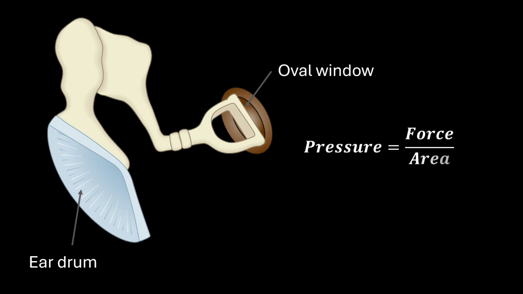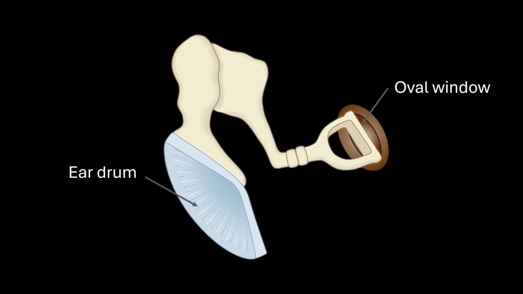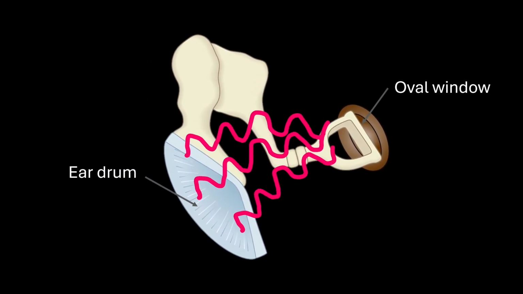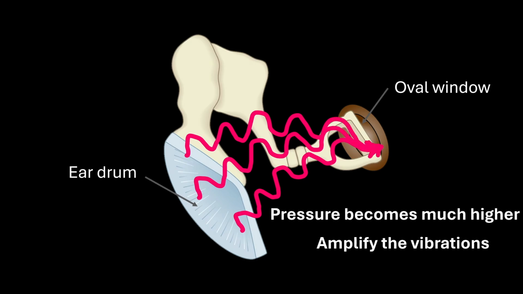This means when the same force is applied to a smaller area, the pressure increases. So when the vibrations move from the larger eardrum to the smaller oval window, the pressure becomes much higher. So together, they greatly amplify the vibrations.